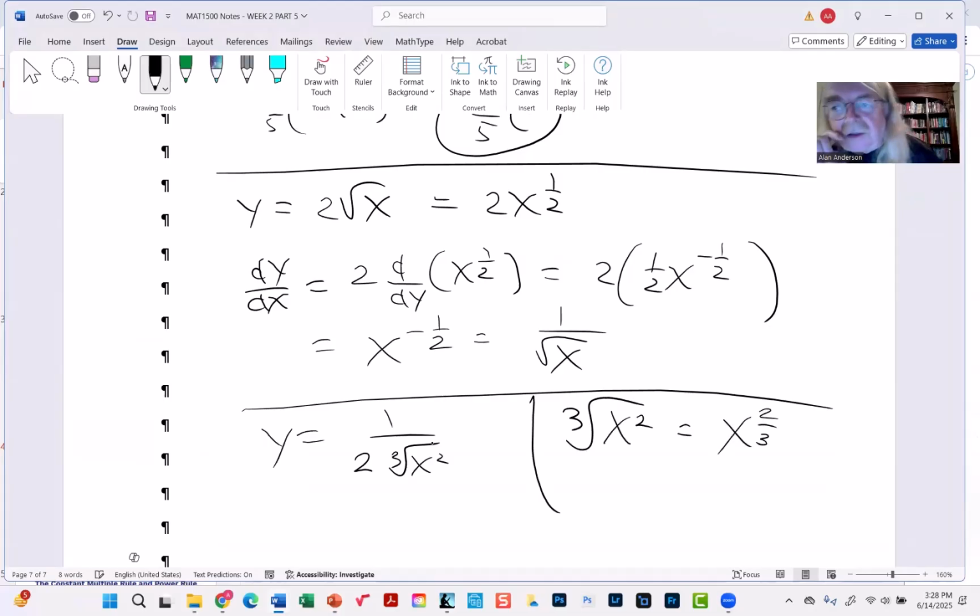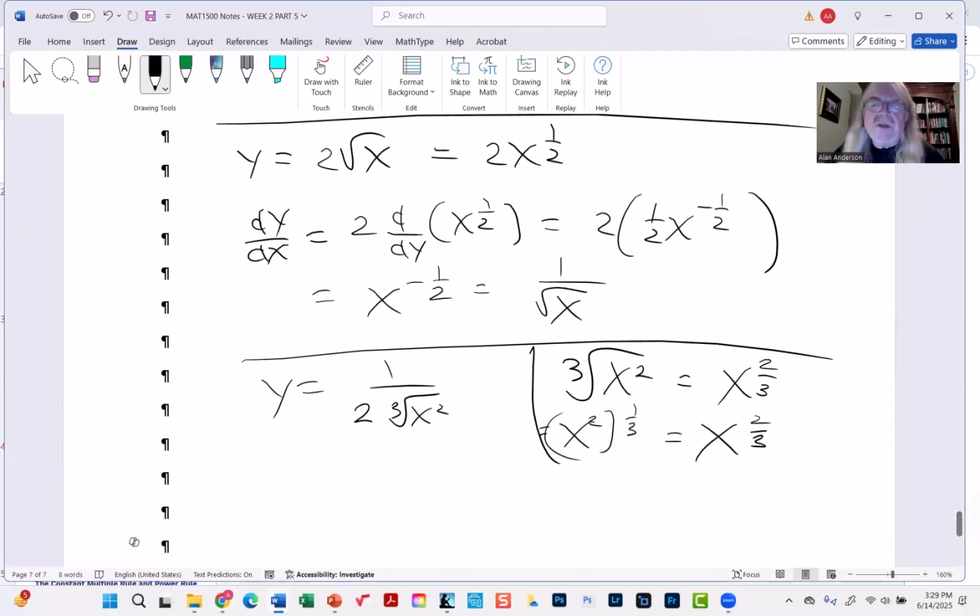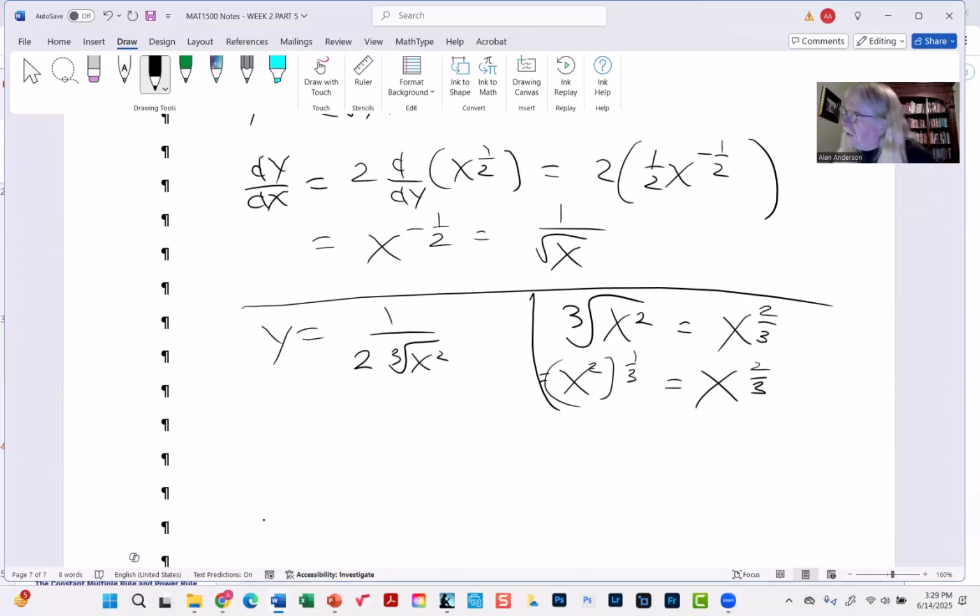This is the same thing as x to the 2/3 power, because you're taking x squared and raising it to the 1/3 power, and you end up with x to the 2/3 power. But we have it in the denominator, so what we actually have here is x to the 2/3 over 2.